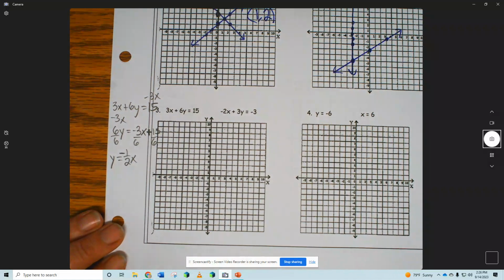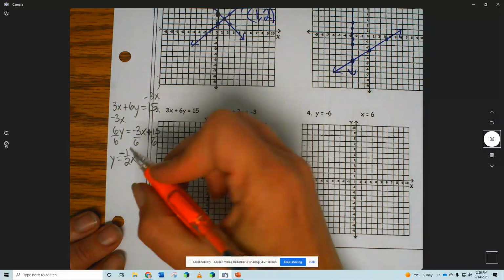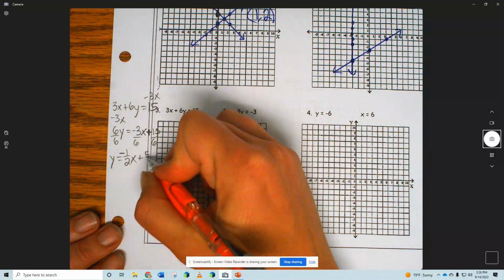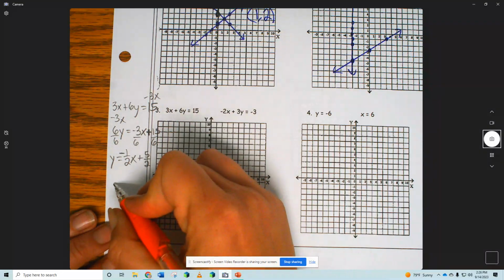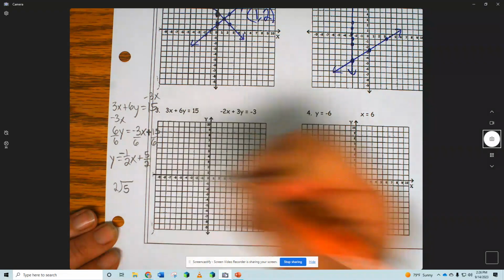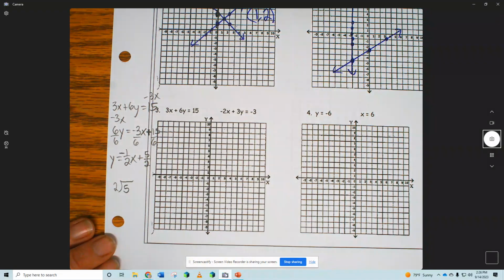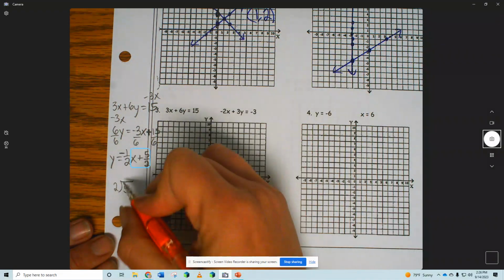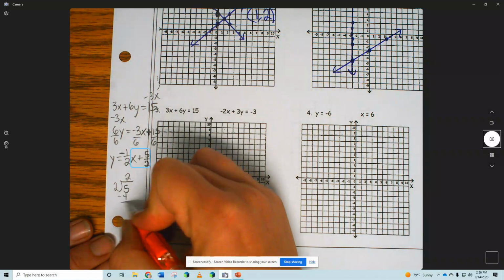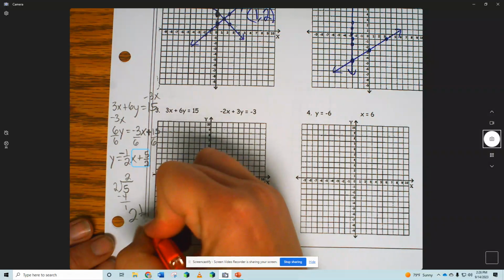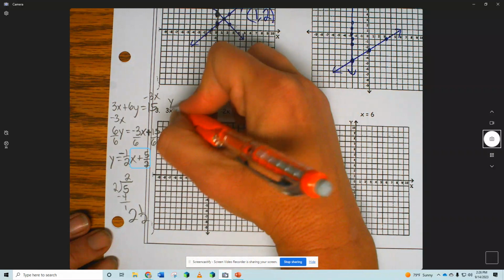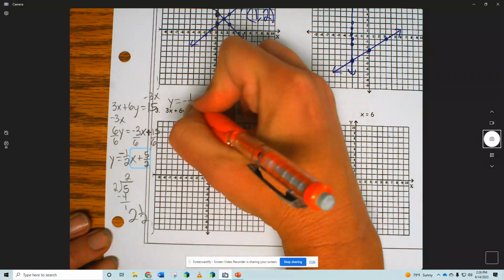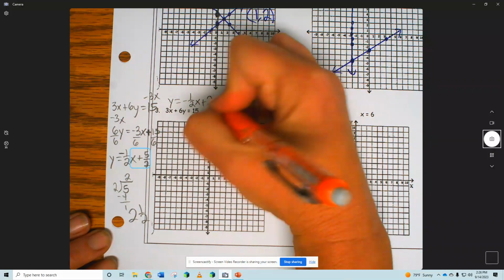Now 15/6, I could reduce that by 3 and get 5/2. Guys, change that improper fraction to a mixed number: 2 and 1/2. Y equals negative 1/2 x plus 2 and 1/2.